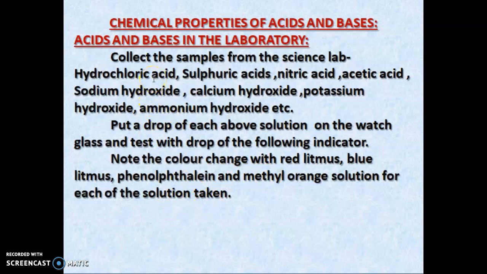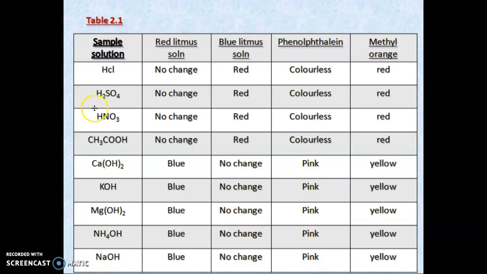The results will be in a table. In the table we can find what color change takes place when these acids react with red litmus, blue litmus, phenolphthalein and methyl orange. Looking at this table, we have taken the sample solutions and tested them with red litmus, blue litmus, phenolphthalein and methyl orange. First, hydrochloric acid, sulfuric acid, nitric acid and acetic acid: these are the acids. With red litmus solution, there is no change.